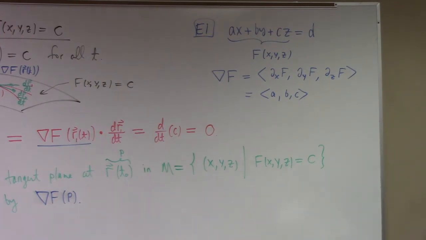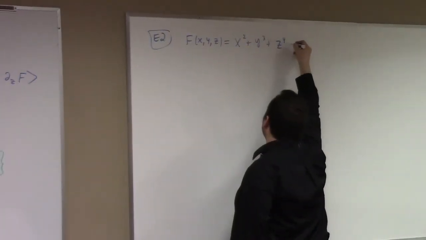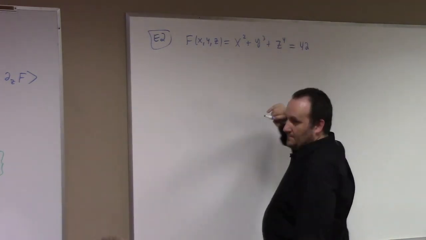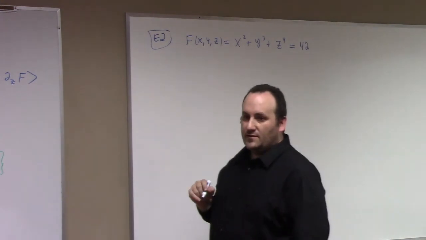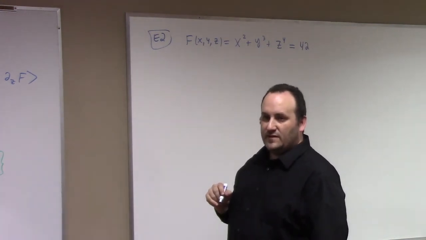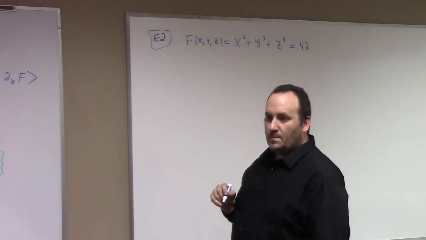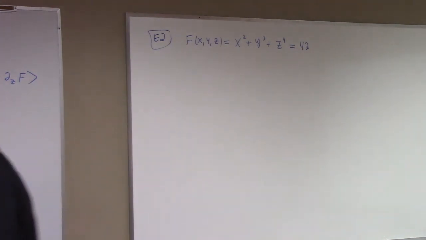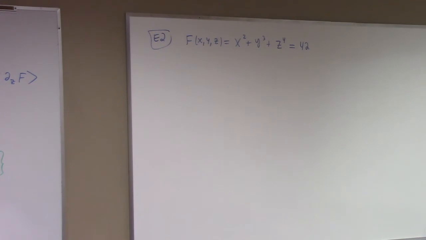What if we had f of x, y, z equal to x squared plus y cubed plus z to the 4th, and suppose that's equal to, I don't know, 42, right? Can you guys find for me a point on this level surface? Make me do all the work. You guys find a point on that surface. Put you guys to work.